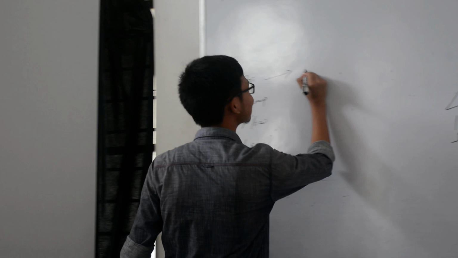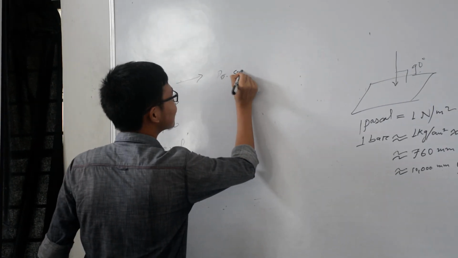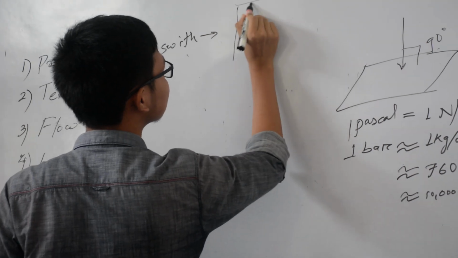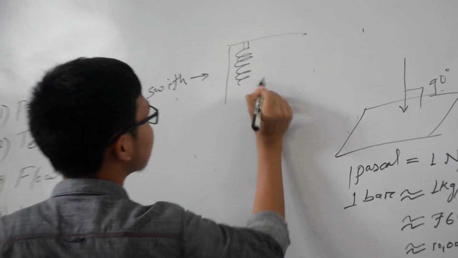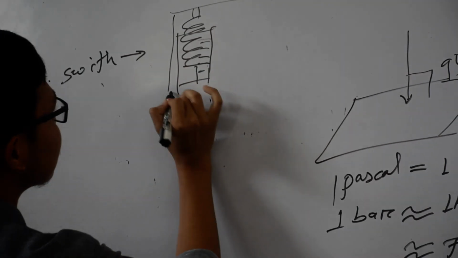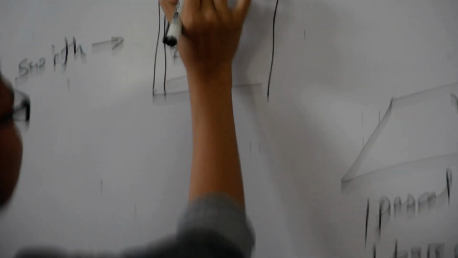In the pressure switch, there is one bellows and there is one scale and one knob.